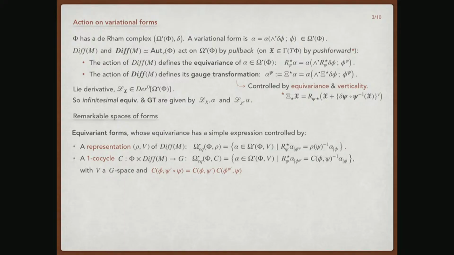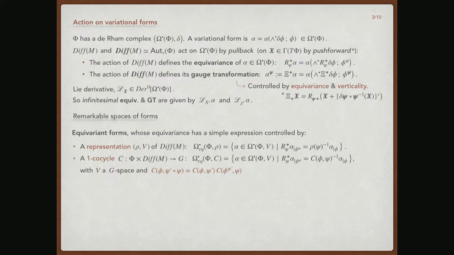Then again, as we discussed earlier this morning, you have a generalization of that situation. So we generalize the representation by a cocycle on the group of diffeomorphisms. G will be another group, unspecified. And now the equivariance of the form is controlled by a cocycle like this, which satisfies this defining property.